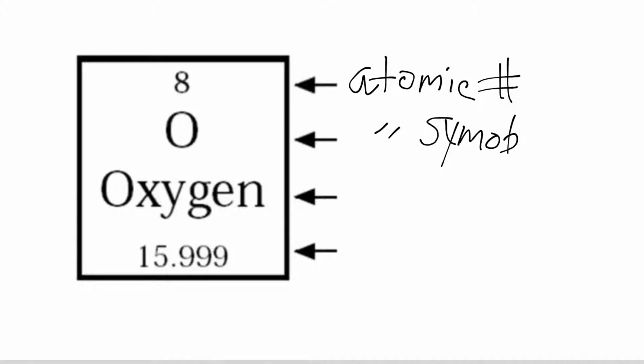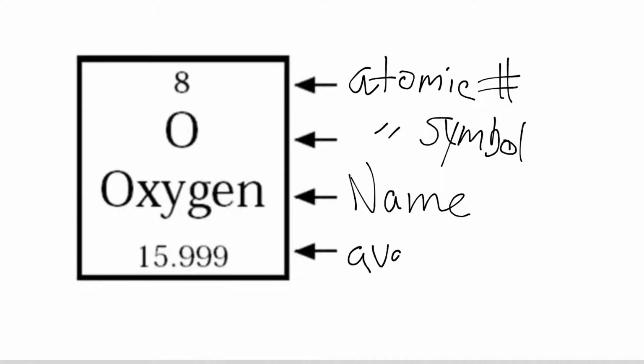Then we have the name. You don't need to memorize the names. You have the periodic table. But of course, the quicker you can recognize symbols as the names, that'll help a lot when we do things with naming. And then this is what's called the average atomic mass.